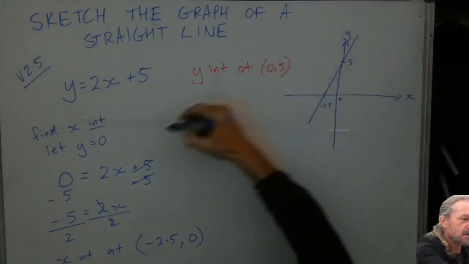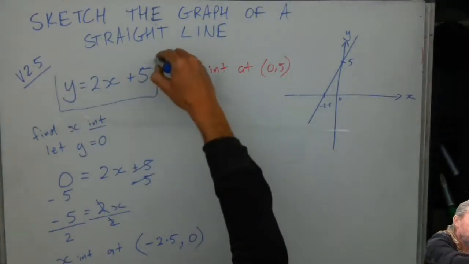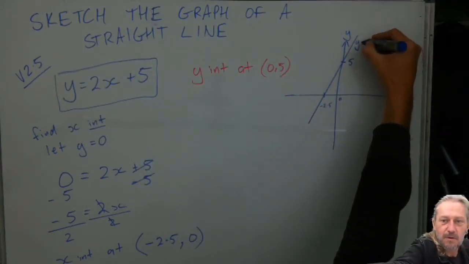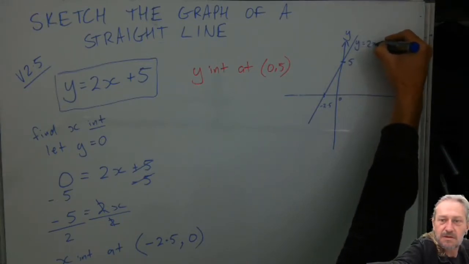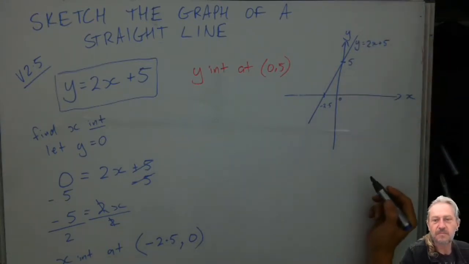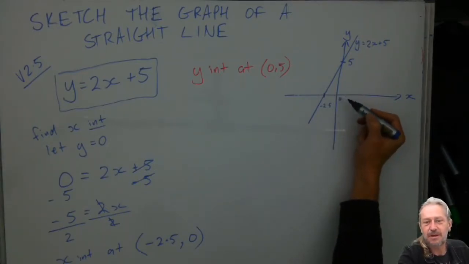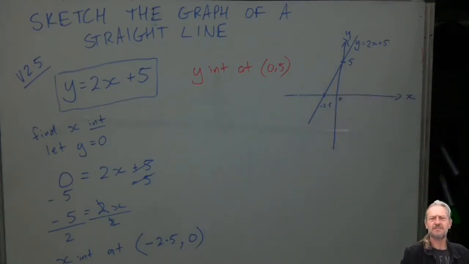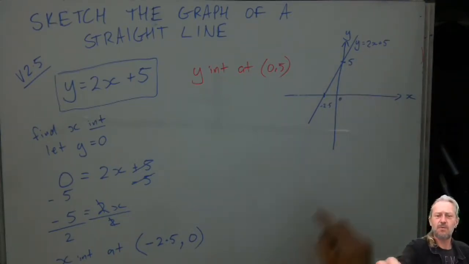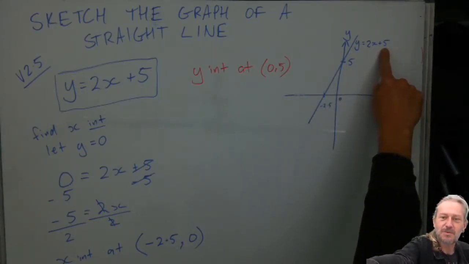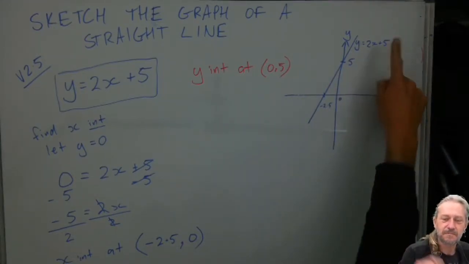And just so that we remember what we're doing, I'm just going to label my graph y equals 2x plus 5. So for every 1 step in the x direction it goes up 2, and it crosses the y axis at 5.